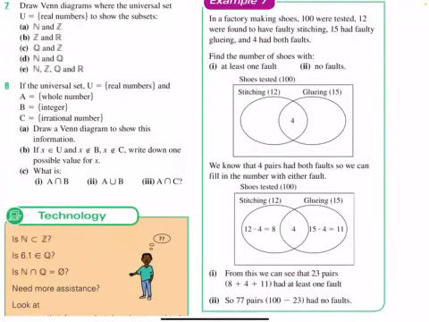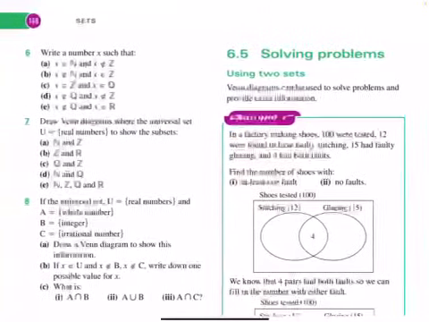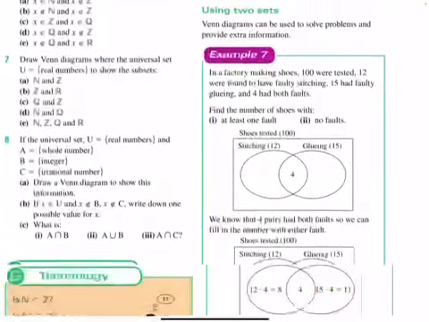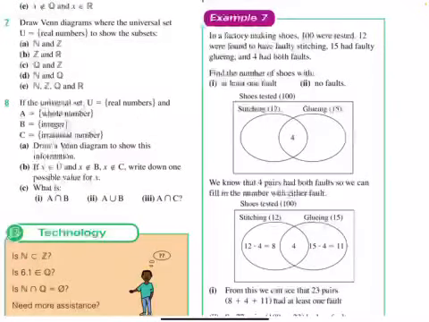In the factory, page 146, example 7. You have a factory. 100 shoes were tested. 12 were found to have faulty stitching. 15 had faulty gluing. And 4 had both faults.